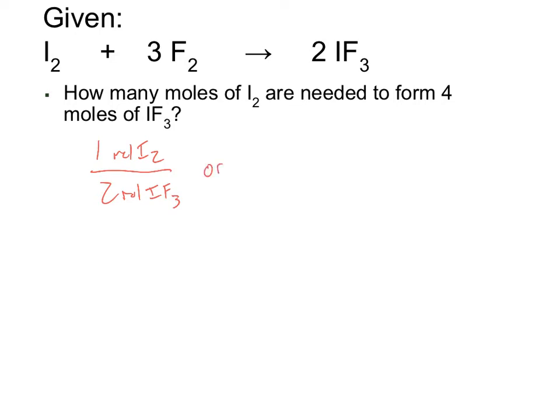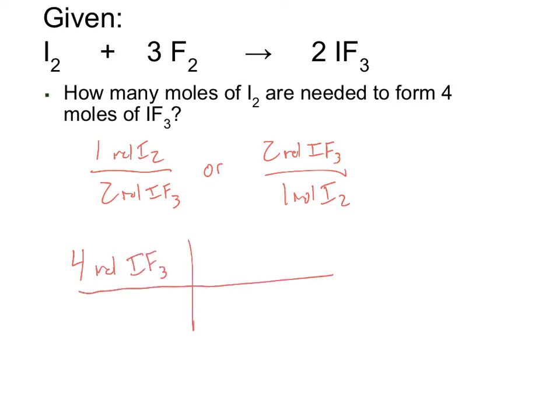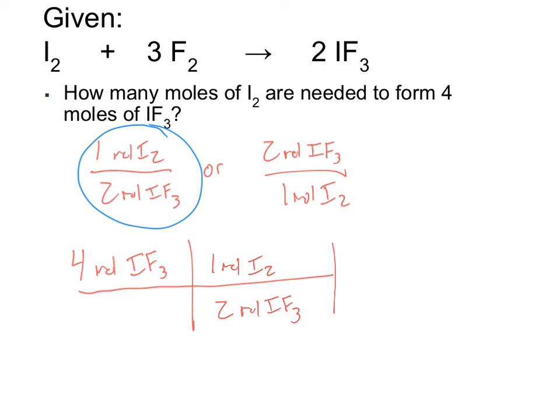Or, depending how I'm going to need it, I can write 2 moles of IF3 for every 1 mole of I2. In this case, our beginning information is our 4 moles of IF3, and I'm looking for I2, so I can see that I'm going to need this form of my conversion factor in order for this calculation to work out.